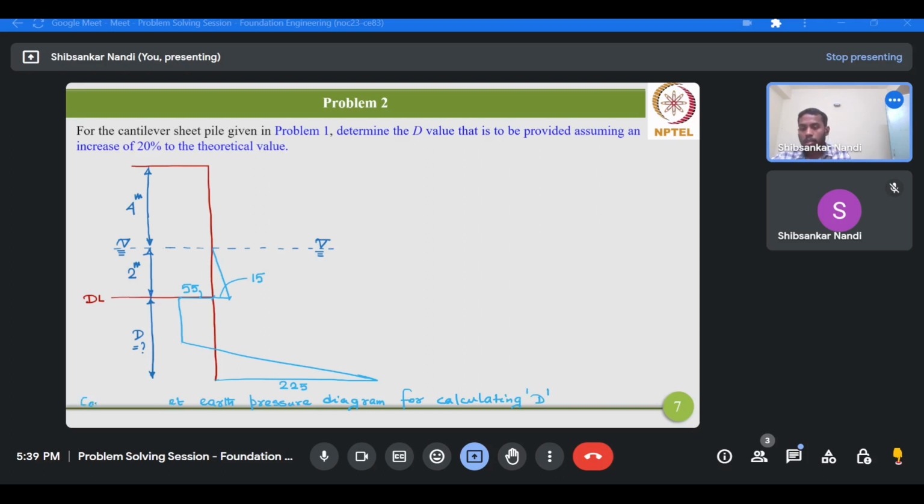This is the considered net earth pressure diagram.